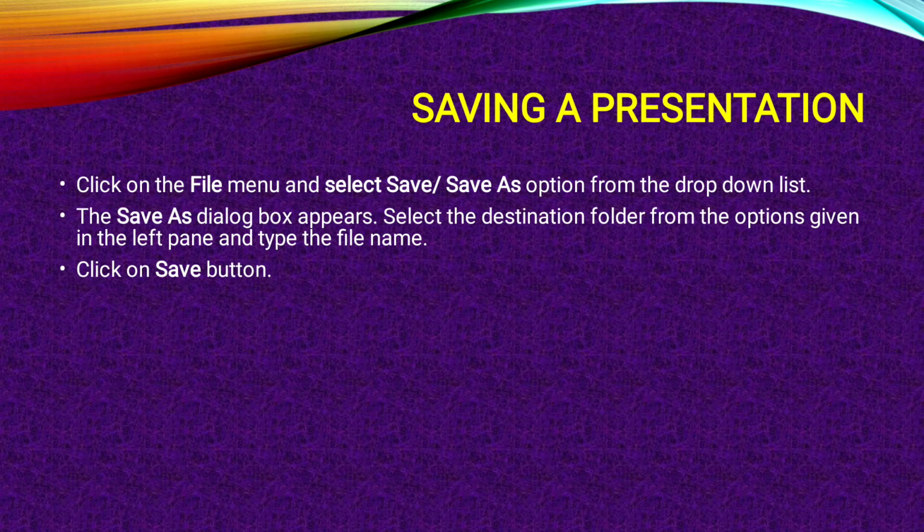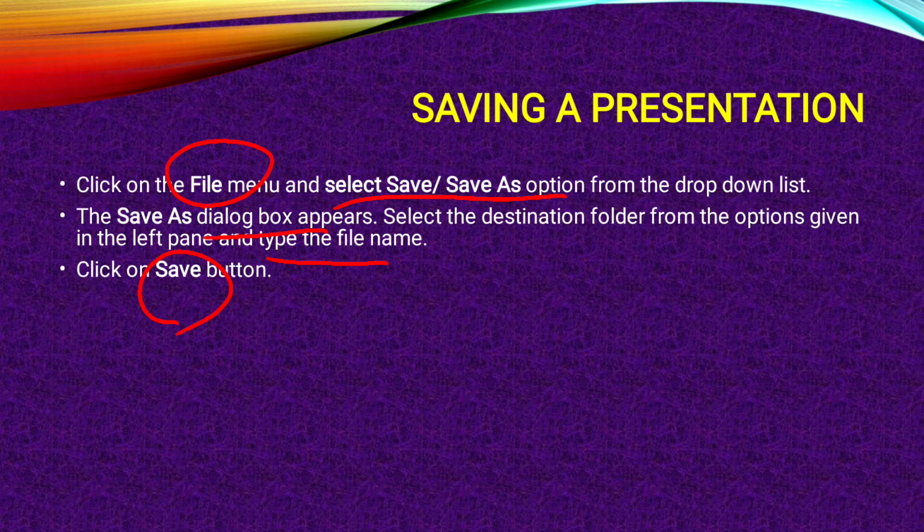The second topic is saving a presentation. If you want to save your presentation to your system, you have to follow these steps. Go to File, select Save or Save As. You will get a dialog box and you have to give the details of your file, type the name of the file and click on the Save button.